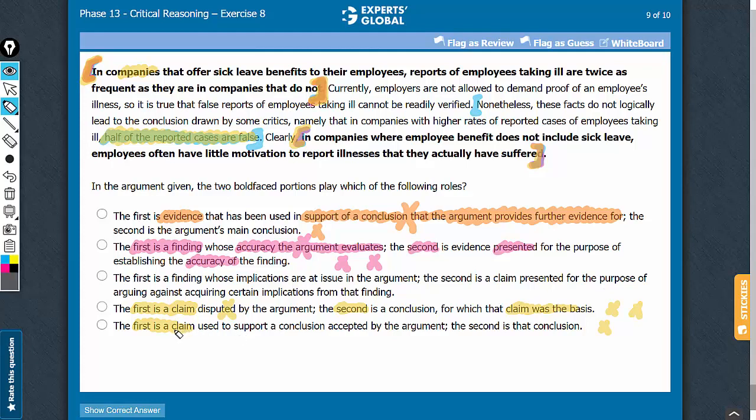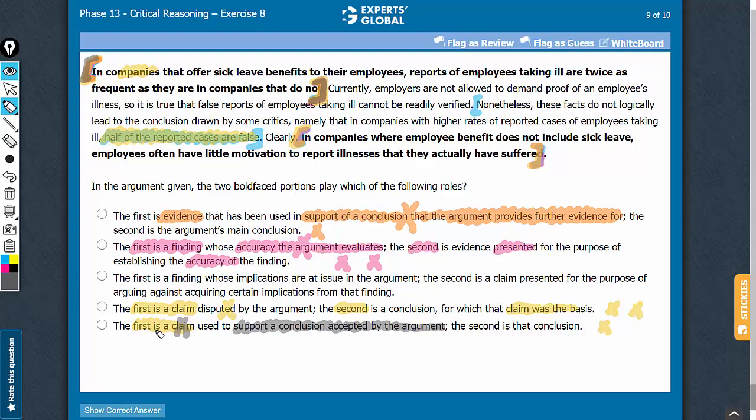And then once again in choice E, to say that the claim, first of all, claim is anyway incorrect, and then the claim has not been used to support a conclusion accepted by the argument. The likely conclusion from this claim is something that the argument cautions against. So the first claim is not something that supports a conclusion that the argument accepts.